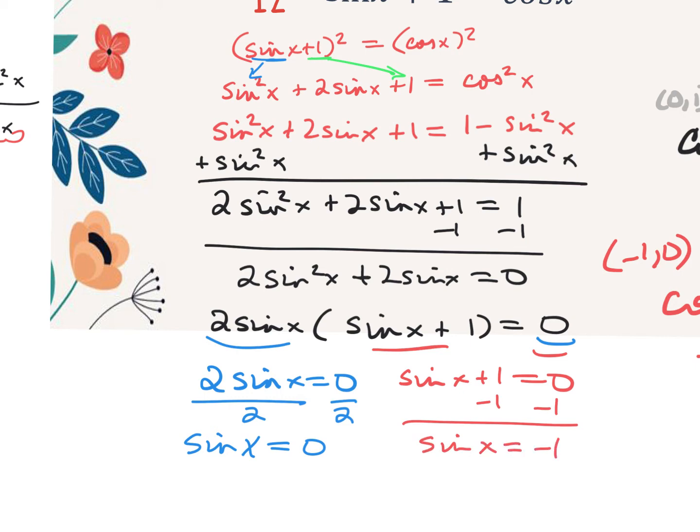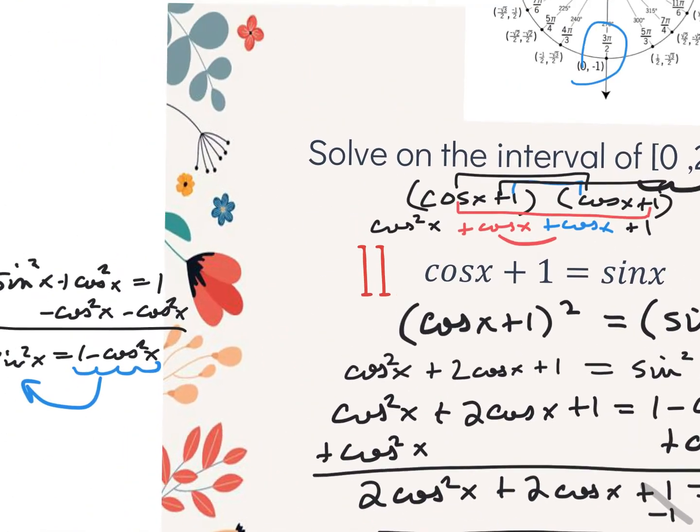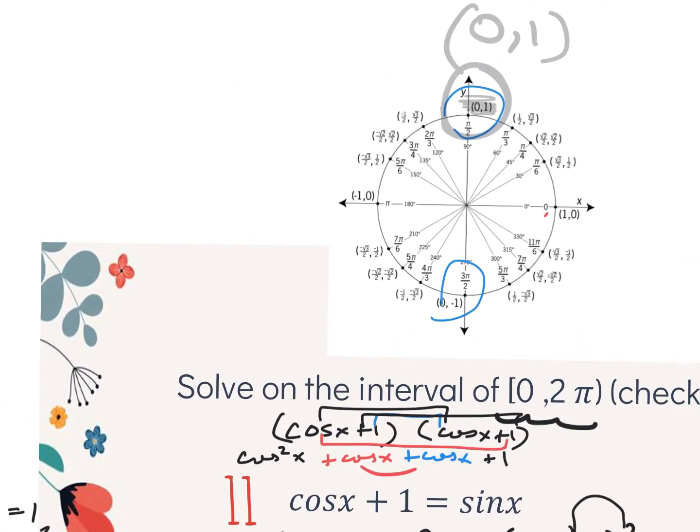And now this is where I use my unit circle. So remember, sine looks at y. So I'm going to go to the unit circle, figure out where there is a 0 in the y of the ordered pair. So up here at my unit circle, I have one here at 0 and also at pi.